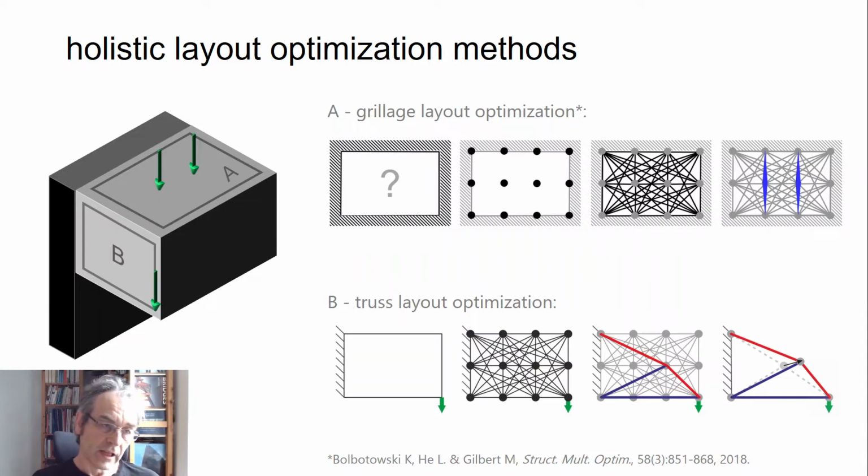For the vertically aligned regions, we can use truss layout optimization methods to identify the most efficient arrangement of members. In both cases, the layout optimization methods that we use are very, very efficient, so we can solve large problems in a few seconds.